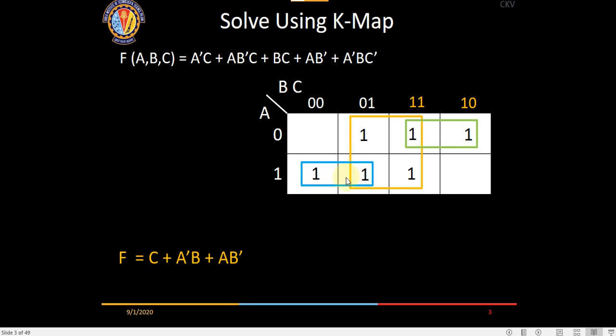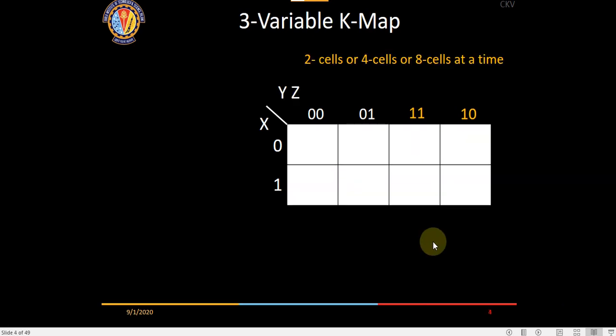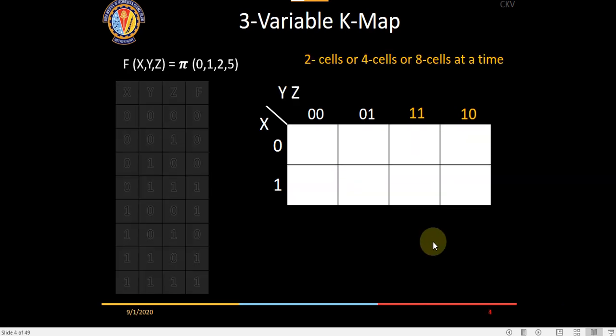So this blue one is A B bar. And for this, what is changing you leave aside, and what is not changing is A bar B. So this is the one. Okay, this is fine.